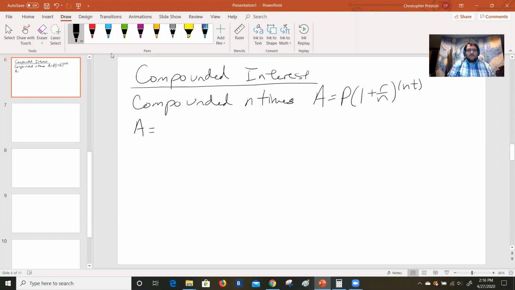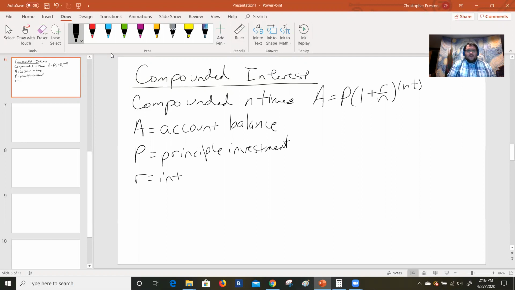And what these letters stand for: A is the account balance, P is the principal investment, r is the interest rate, t is the time, and n is compoundings per year.